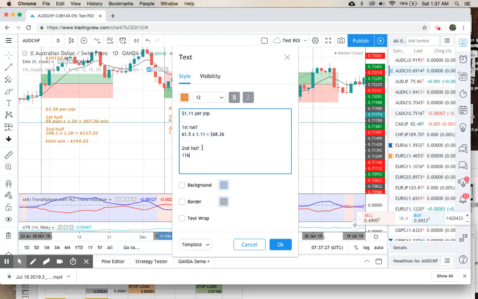Okay, so 116 pips on that second half times $1.11 per pip. 116 times $1.11, we're looking at 128.76 plus 68.26.